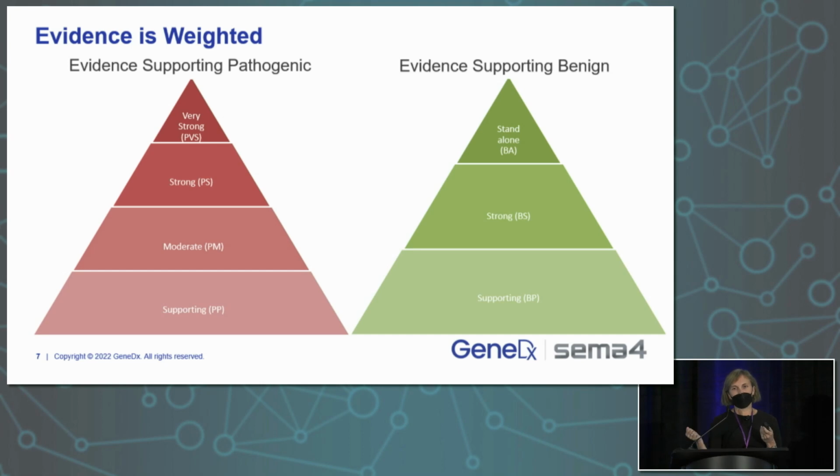This is frequency in the healthy general population that I mentioned. If a variant is so common in the healthy general population, that's enough in and of itself for a rare disease to allow us to classify that variant as benign. And then there are strong and supporting levels of evidence that we consider. We take each of those pieces and assign a category to it.